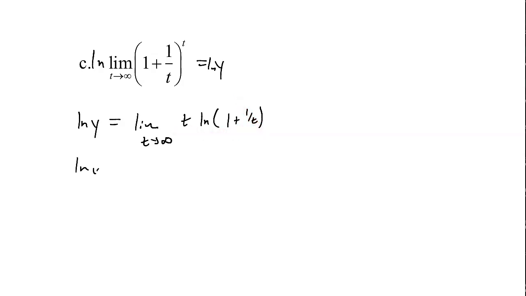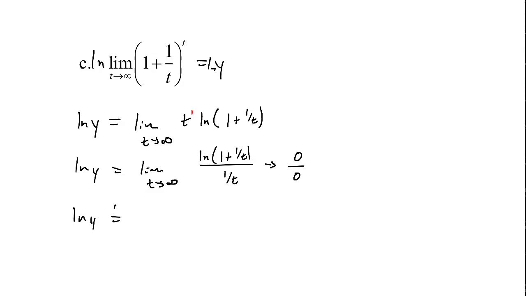So I would want to rewrite this over 1 over t, right? Because I have taken this t to the first power, and making this t to the negative 1 in the denominator. Now this would imply 0 over 0, which is an indeterminate form. That allows me to do L'Hopital's.